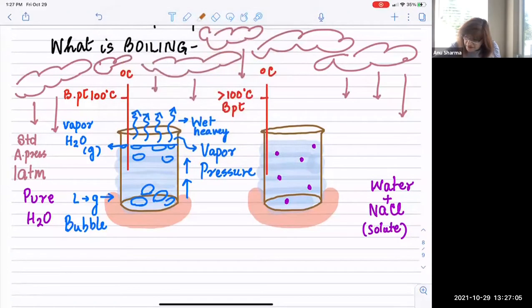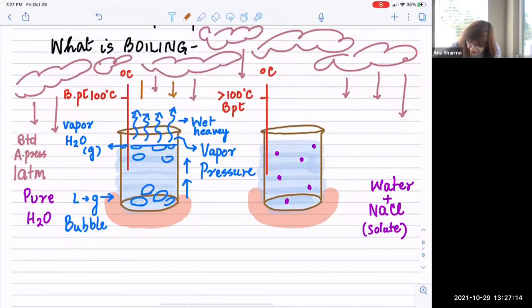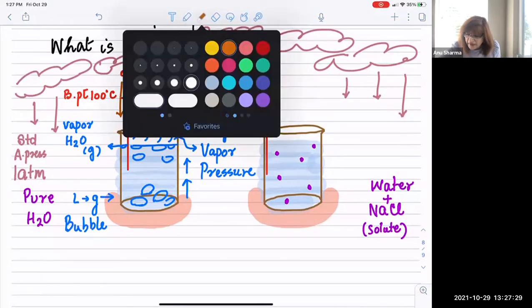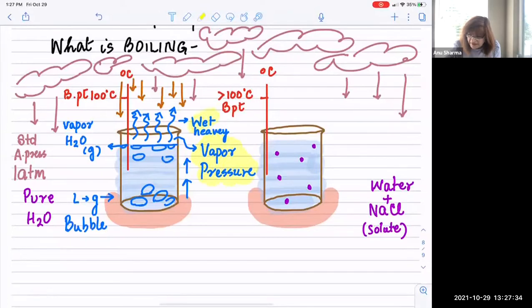The outside atmospheric pressure is forcing them to go back in, so they don't readily agree to leave, and they stay on the top. They exert their own pressure because of their heaviness. That's called vapor pressure.